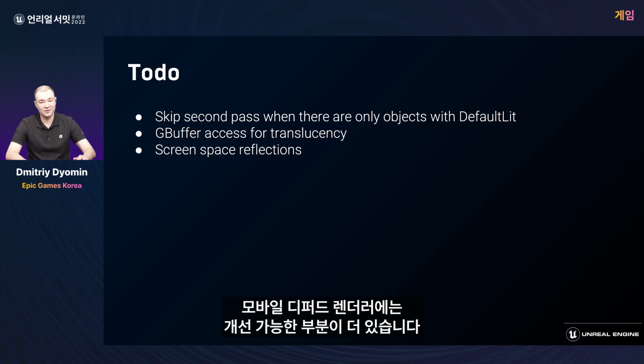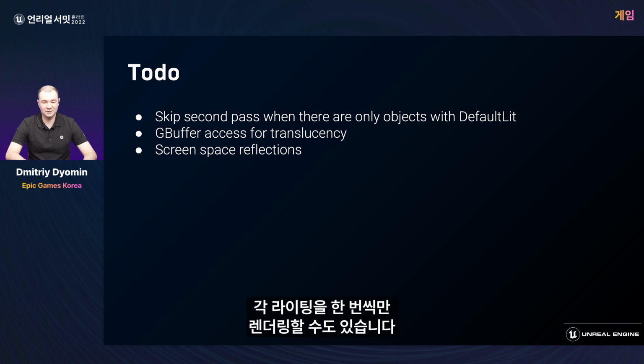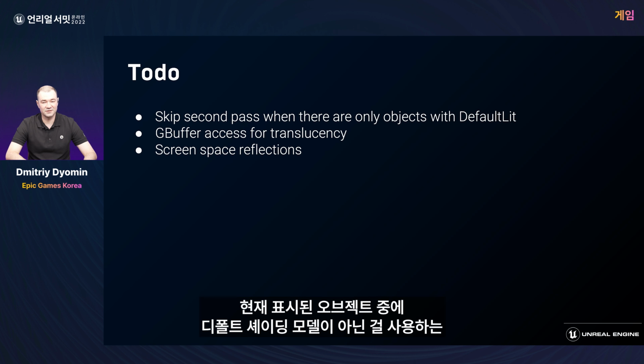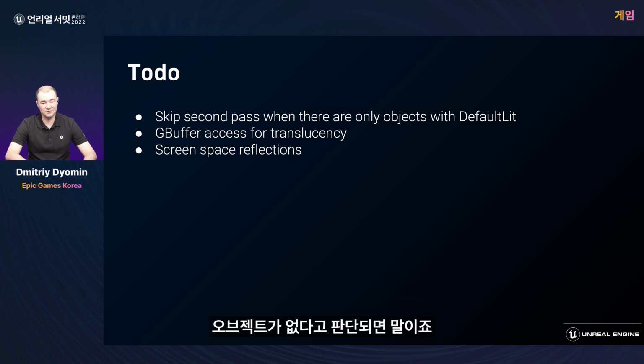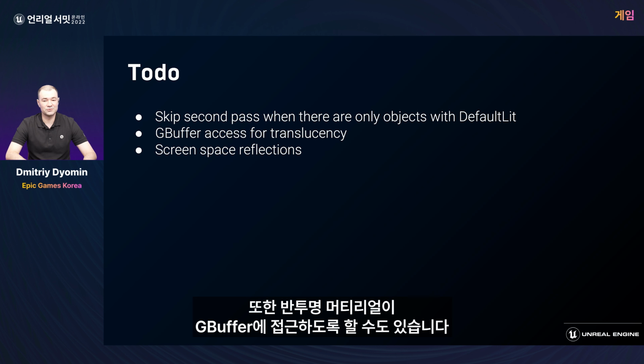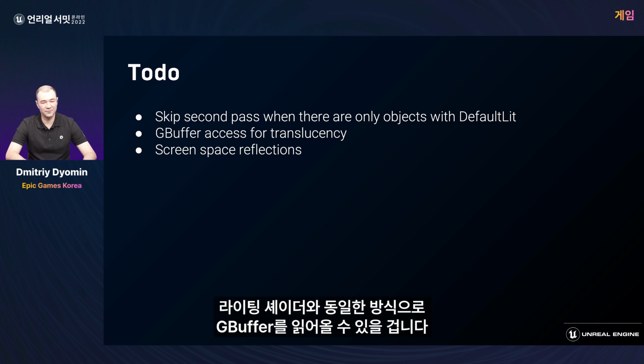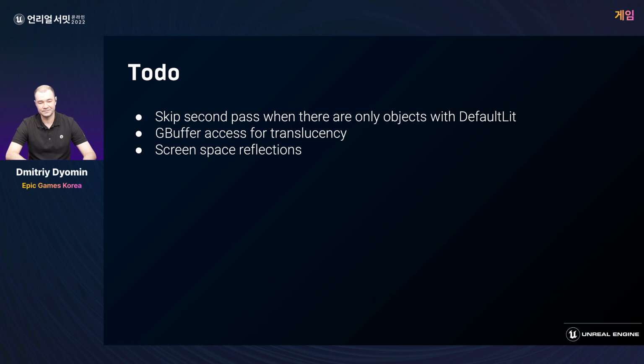There are more improvements we can do for mobile deferred shading. For example, we can render each light only once if we detect that there are currently no visible objects that use non-default shading model. We can give access to G buffer for translucent materials. Translucent shaders can fetch G buffer the same way as lighting shader does.